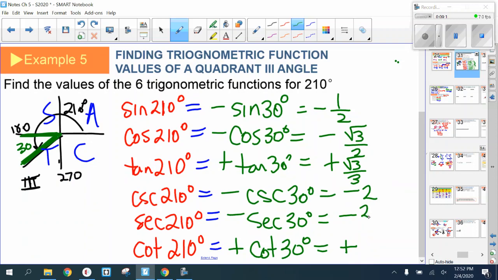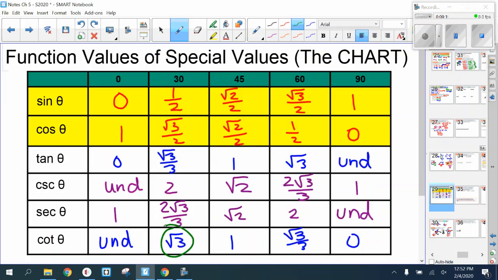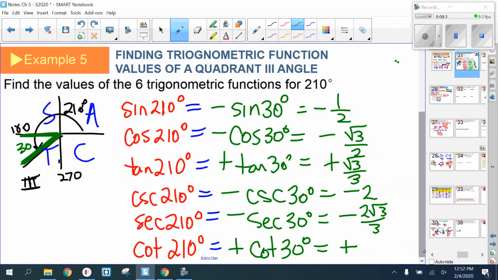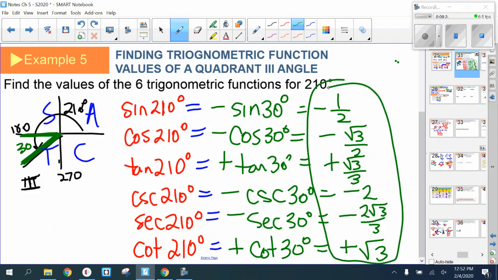Yeah, negative 2 square root of 3 over 3. And then cotangent 30. Go back and look at the chart. Cotangent 30, straight from the chart, square root of 3. Okay, so those are your answers. Those are the values of the 6 trig functions for 210 degrees.